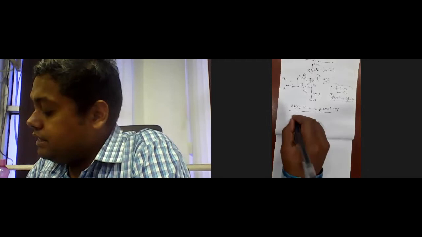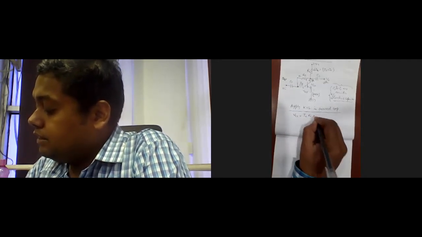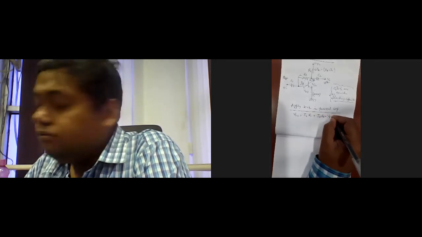Applying KVL, VCC equals IL into RL plus IB into RB plus VBE.